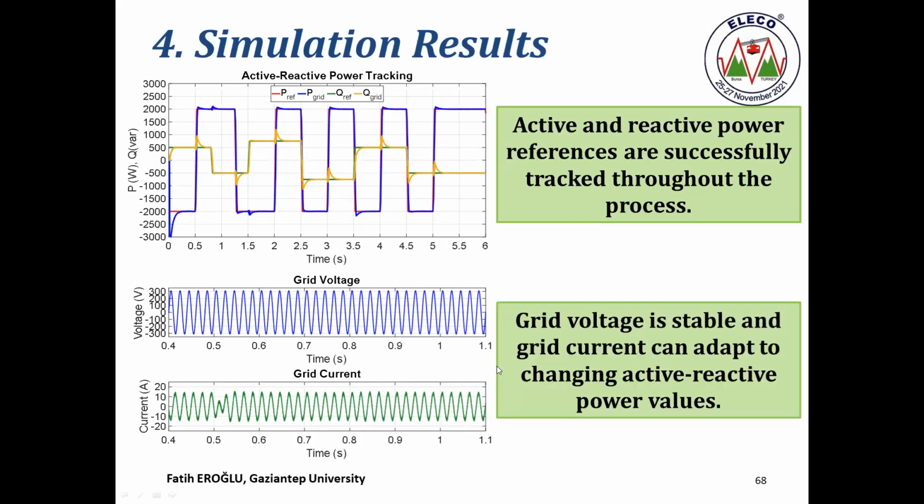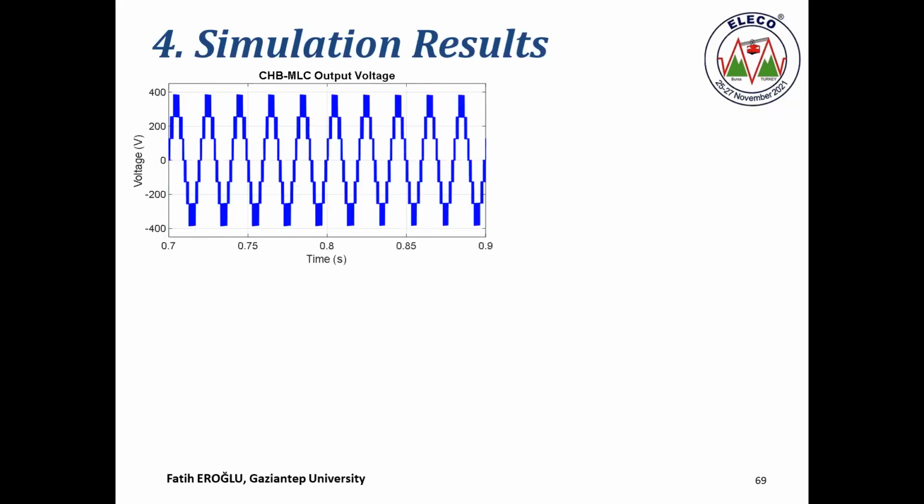As you can see, the grid voltage is stable as we fixed it, and the grid currents adapt to changing active and reactive power values. This is the output of the cascaded H-bridge multi-level converter. As we said before, since we used 3 H-bridges, we get a 7-level output waveform.